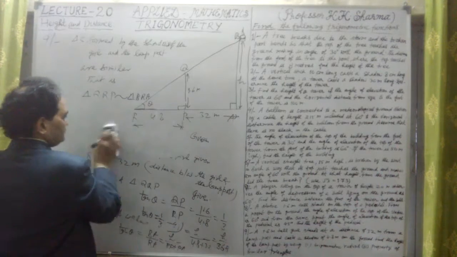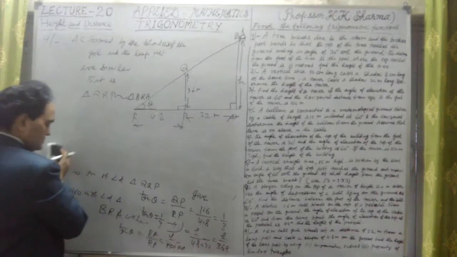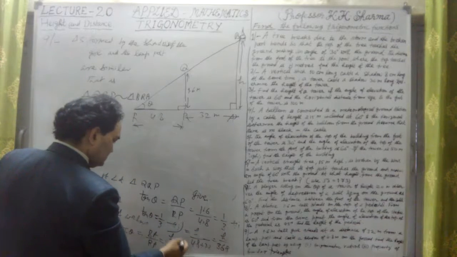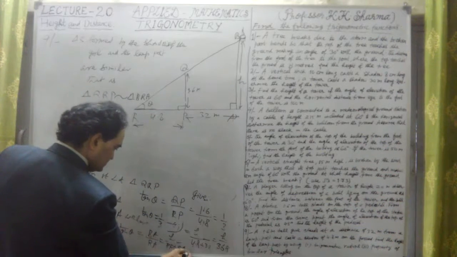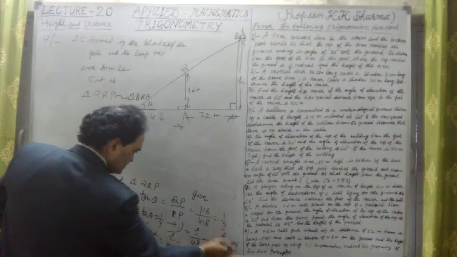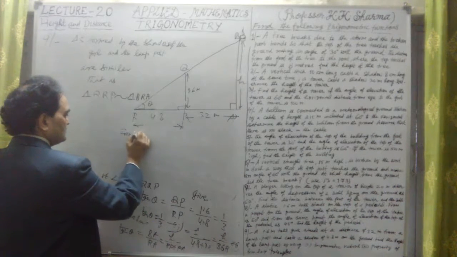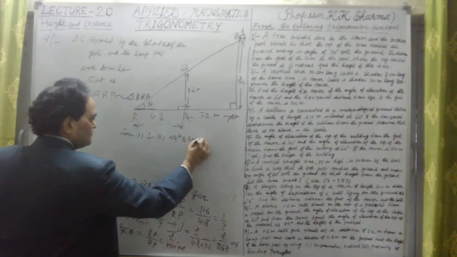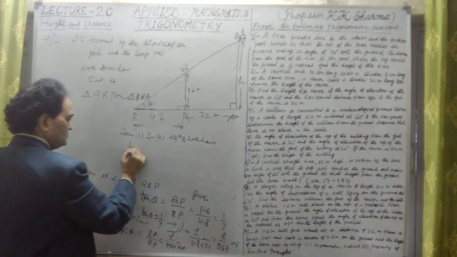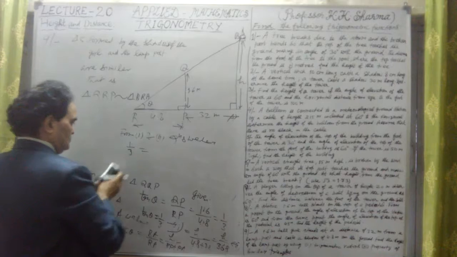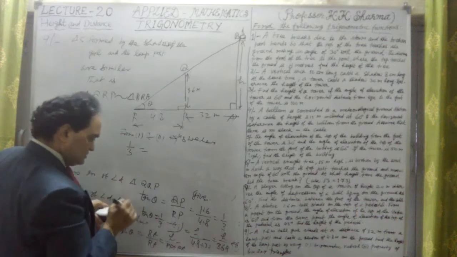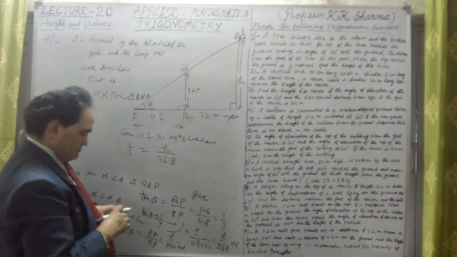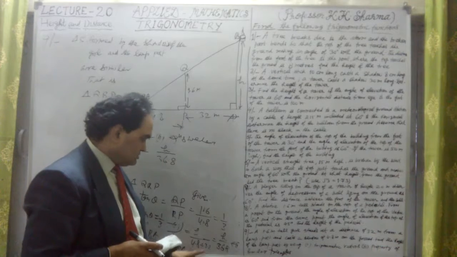Okay, now let me solve it here. This is the second equation. From the first and second equations, we have tan theta value is 1/3, equal to H upon 36.8, because 4.8 plus 32 is 36.8.